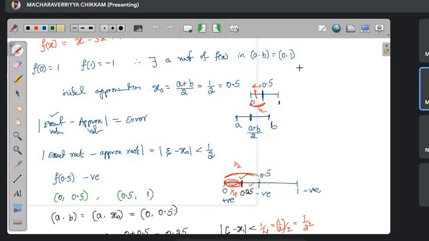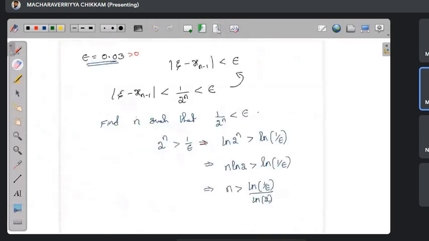Length of the interval. Length of the interval is going to be B minus A. Okay. So in the next step, the interval length is going to be B minus A by 2. Don't get confused between the approximated root and the distance. This is actually measuring the distance, okay?